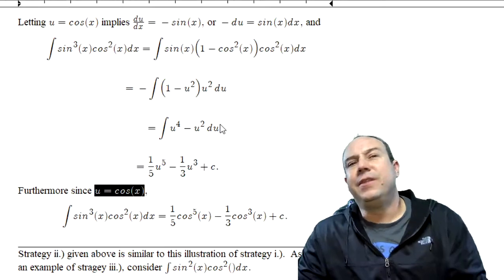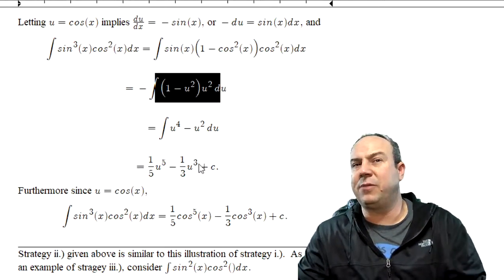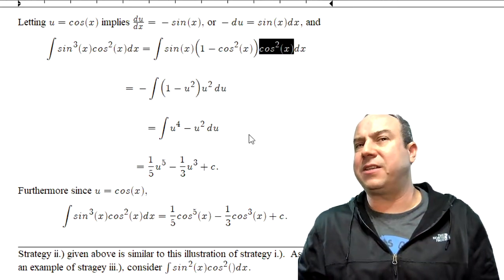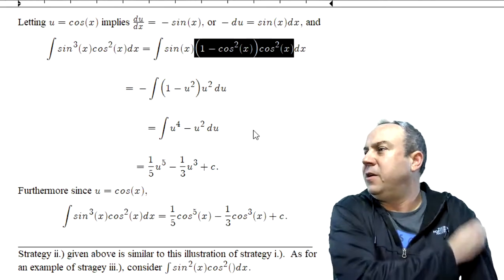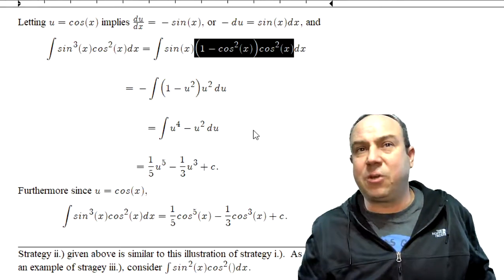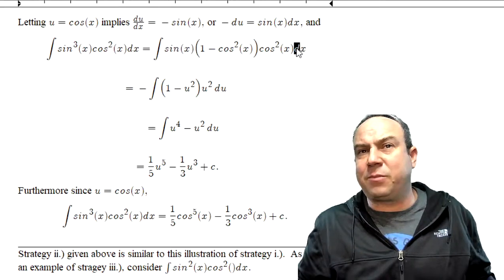This antiderivative was developed from a little u substitution seen up here, where we let u equal the cosine of x in this integrand. This portion of our integrand turned into the 1 minus u squared times u squared. The sine of x dx from this integrand is what became the negative du.